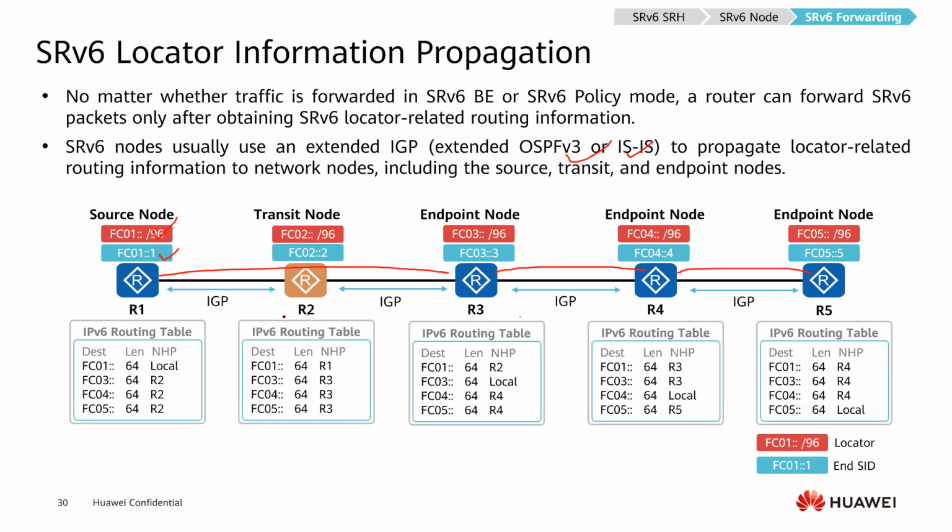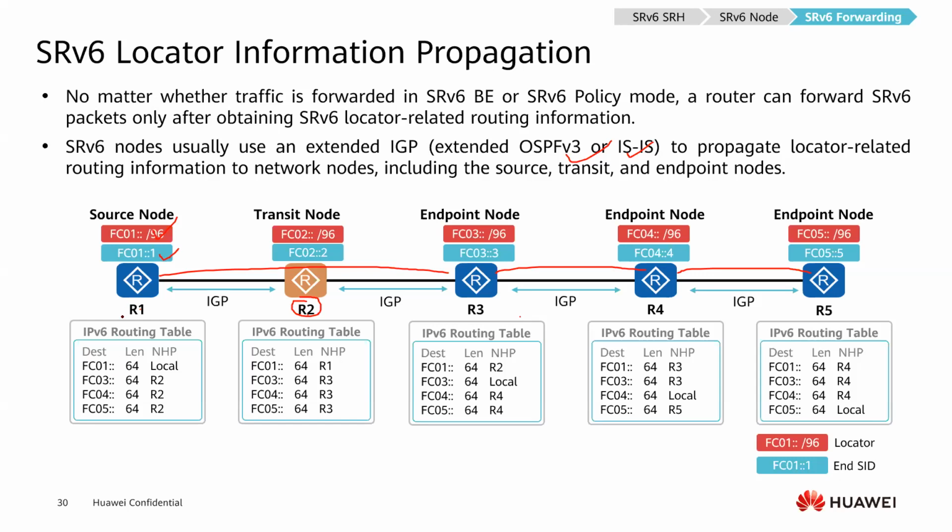How about R2? R2 will be used as a transit node, so in R2, I do not let this locator be advertised to other devices. Anyway, R1, R2, R3, R4, based on IS-IS, will all know each other's locator information, and this information will become a routing table.